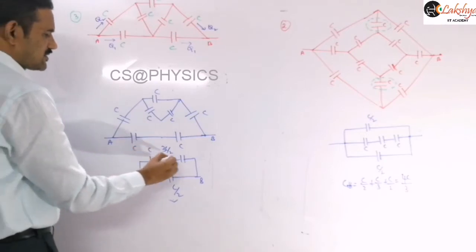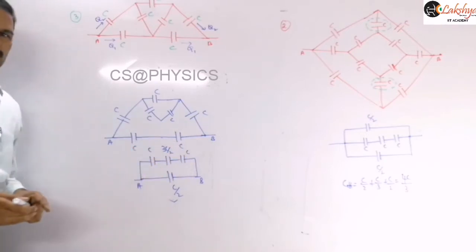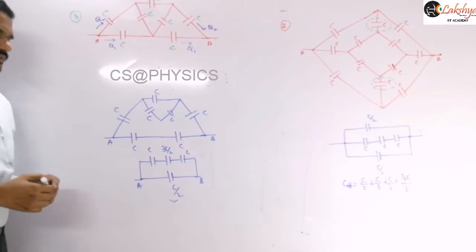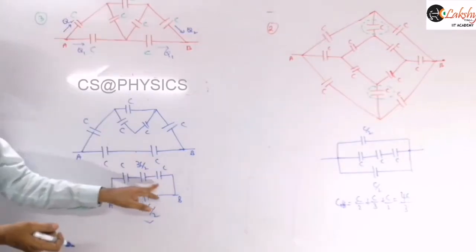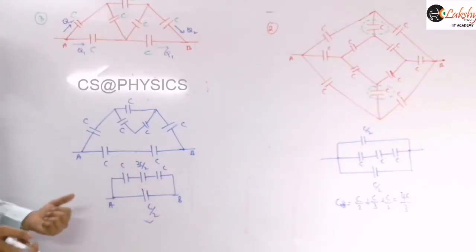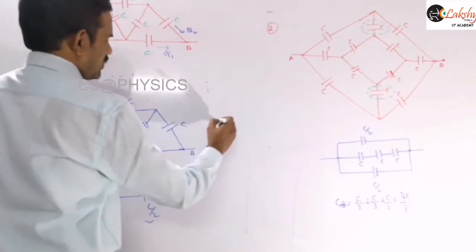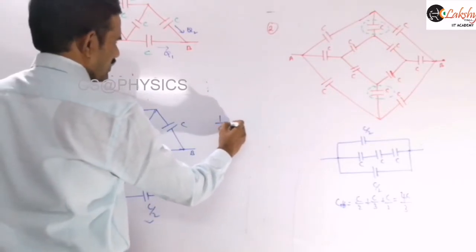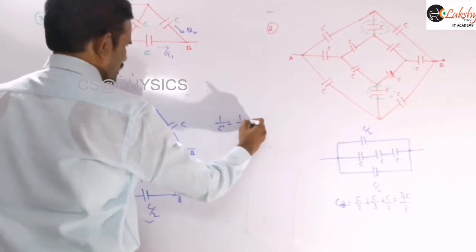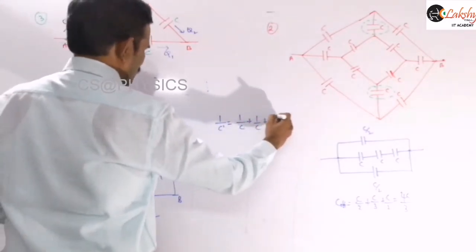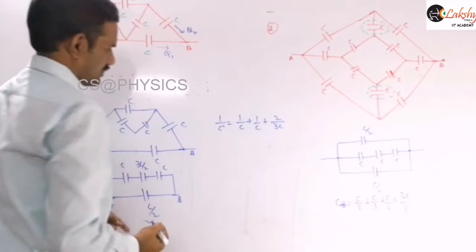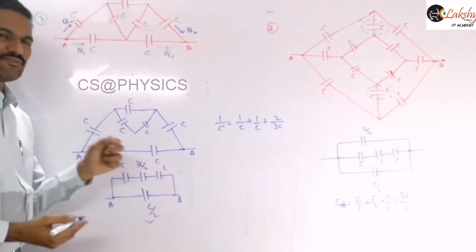And now next C and C will be there, right? And so then simplify that effective capacitance. So I can write, first these two, then those two you can say C by 2 you will get, or otherwise you can write 1 by C dash is equal to 1 by C plus 1 by C plus 2 by 3C. The resultant of only these three I am finding there.